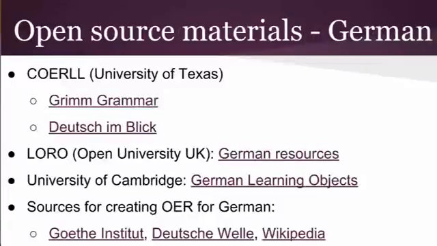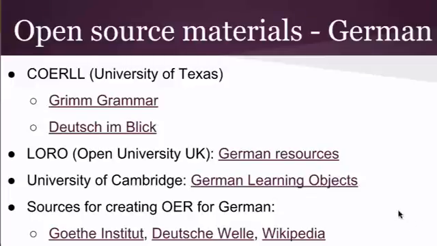I'm going to just finish up here with some links if you're interested in creating your own open source content specifically for German. These are some of the places you can look for ideas, look for content to link in that's already created. For example, from the University of Texas site, there's a grammar set of tutorials and exercises that I've linked to.